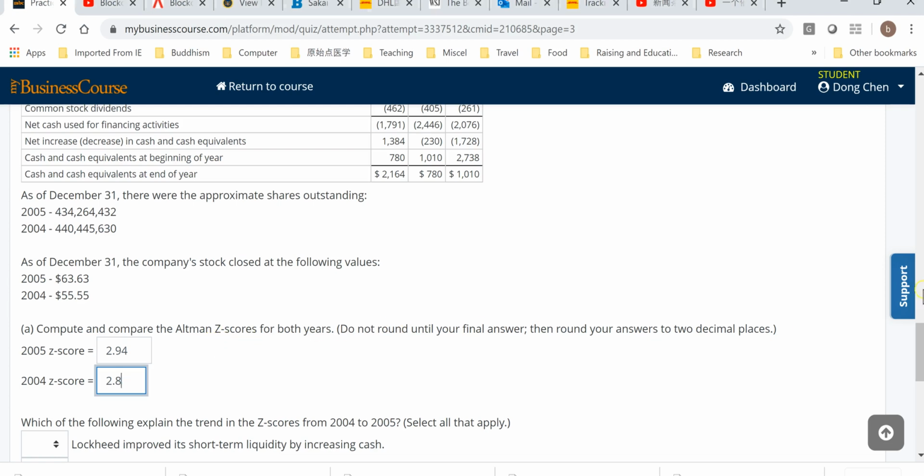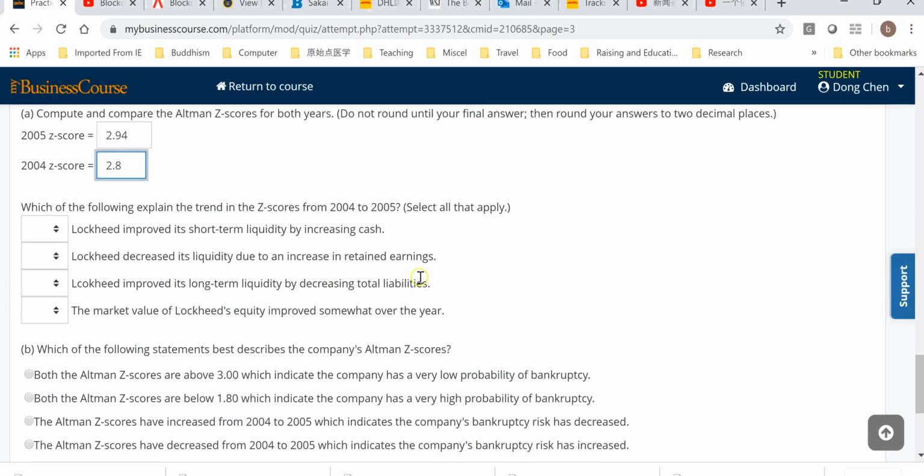And then the next part is which of the following explain the trend in the z-scores from 2004 to 2005. Select all that apply. So here, if you pull this menu here, you can see for each statement, you do have to choose whether you believe it's correct or not. So Lockheed improved its short-term liquidity by increasing cash.